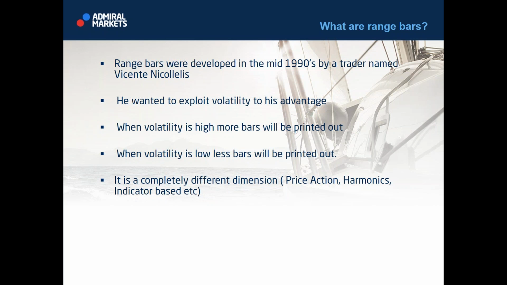Especially during times of big volatility, you will see a lot of bars printed out on the chart itself. When there is no volatility, fewer bars will be printed out. So we can say range bars are a volatility price action indicator.